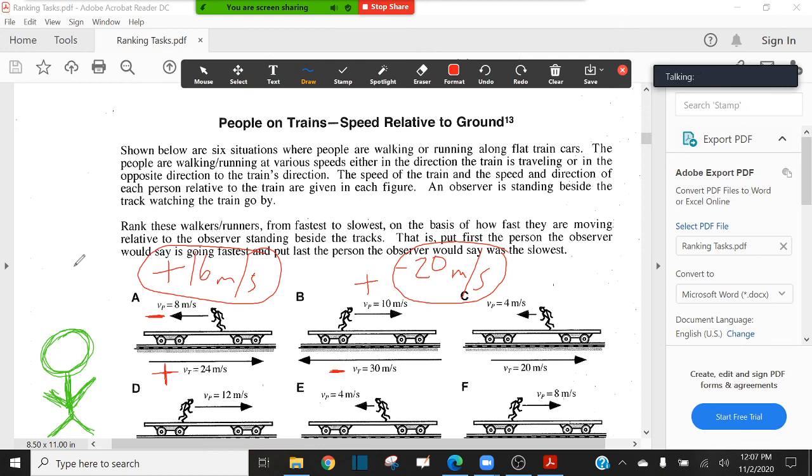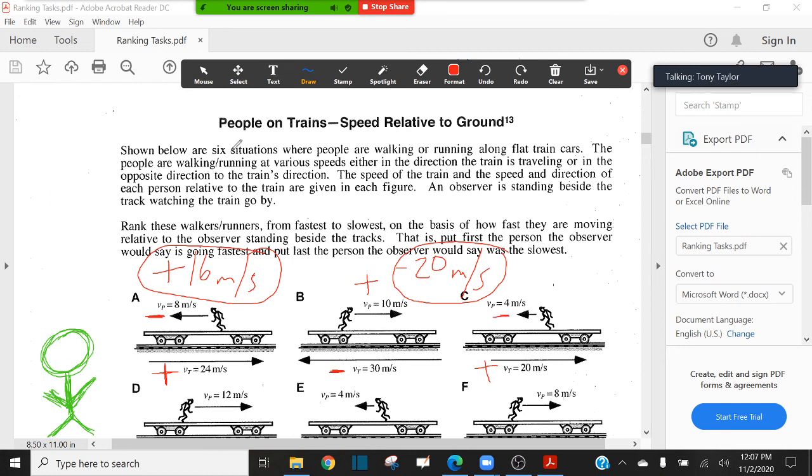Let's do one more, and then I'm going to let you guys go. So look at situation C. First thing we want to do, we want to label our velocities. Remember, if the arrow is pointed toward the east, we want to call that positive. And if the arrow is pointed toward the west, we want to call that negative.